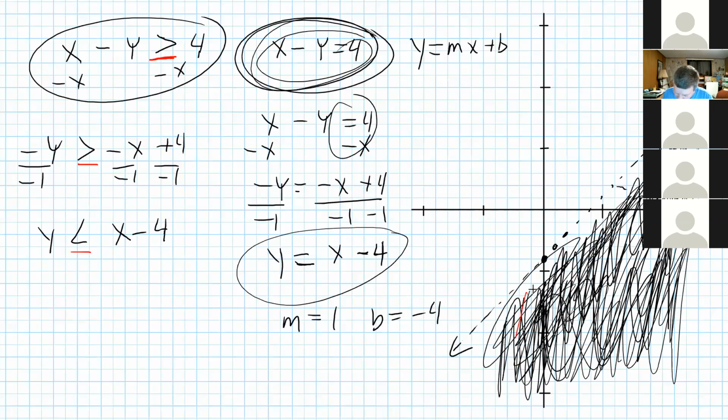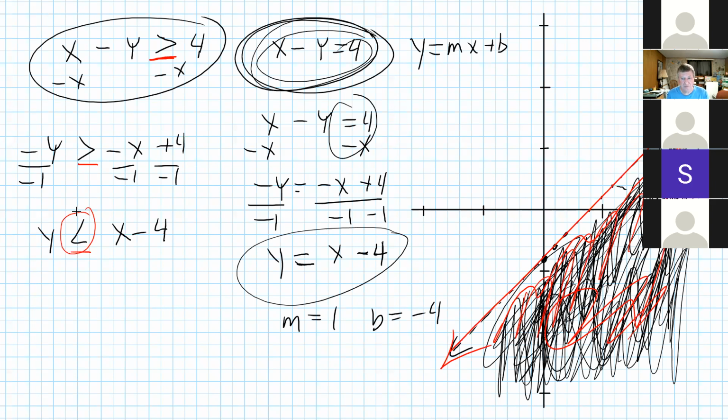So it would be everything down here, but this would be a solid line going through those points. Okay, because the solid line is the equal to part, and the shaded part below it is the less than part. Does this make sense? Do you have any questions about this? That makes sense. Thank you.